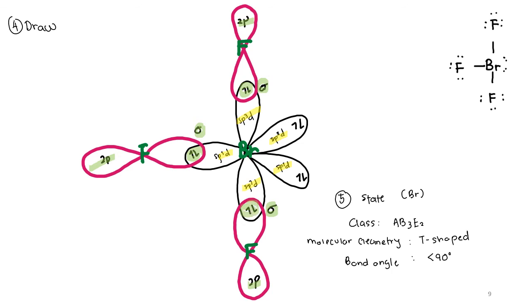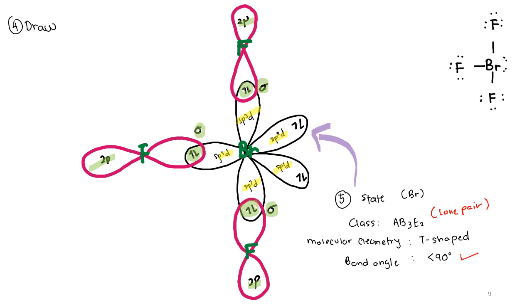And then the last step is you need to state according to this drawing. The class will be AB3E2 because you have lone pairs here. You need to consider the lone pair. And then the molecular geometry will be T-shape, and the bond angle will be 90 degrees. It is between the bonds.